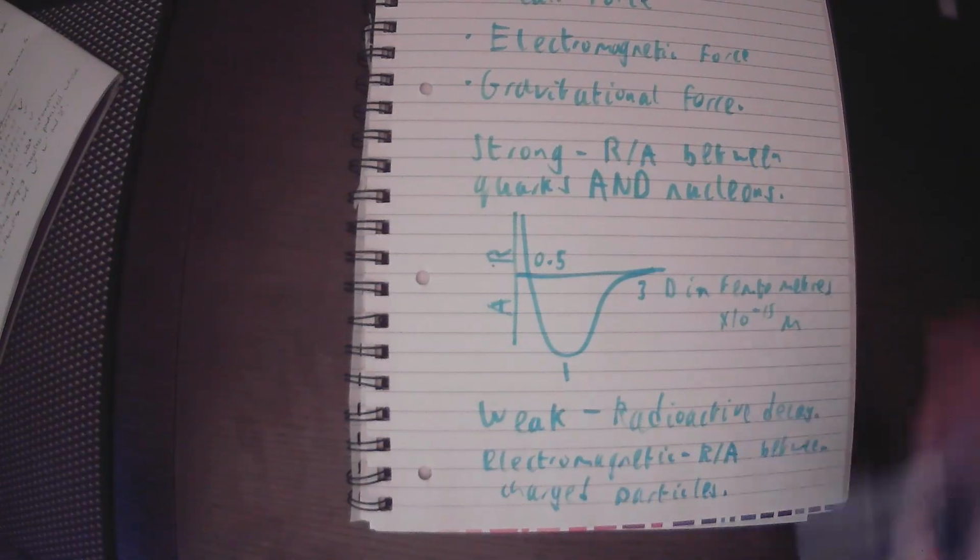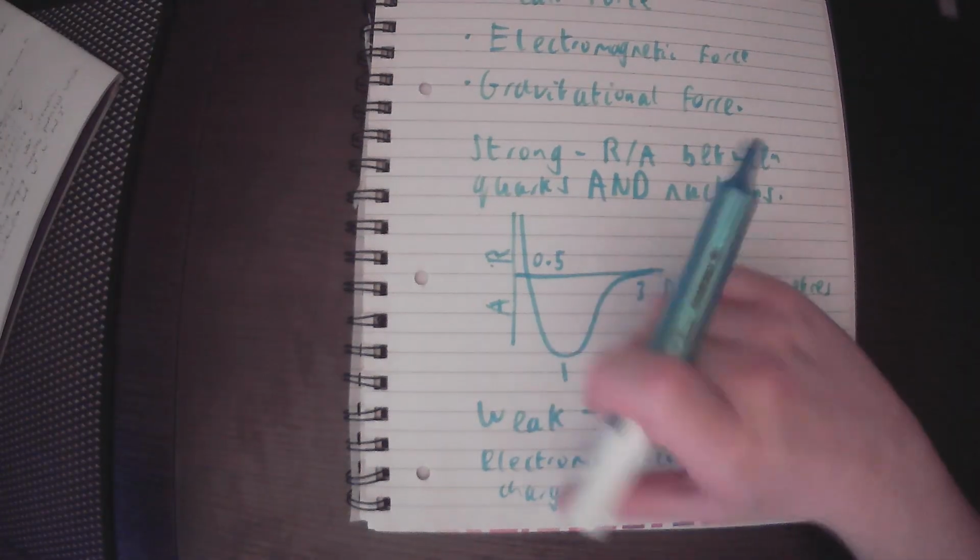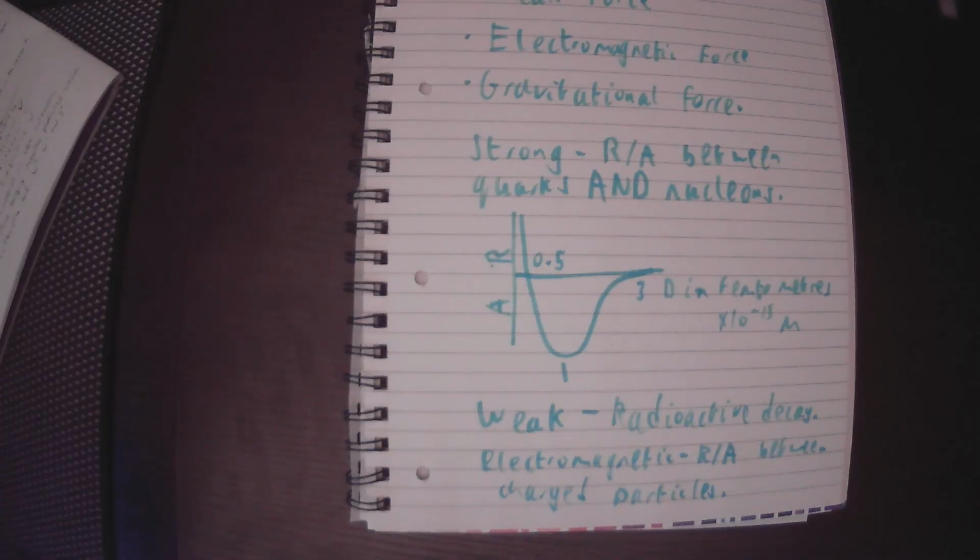So strong happens between quarks and nucleons. Weak happens in quarks and nucleons for beta minus and beta plus decay. It happens with leptons for electron capture. And electromagnetic is between any particles which have a charge. So notably not neutrinos.